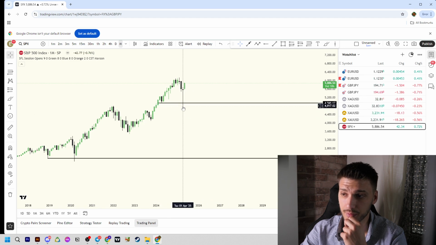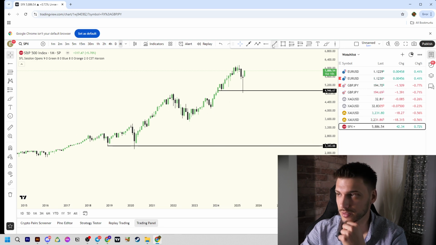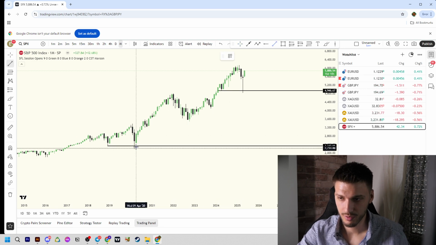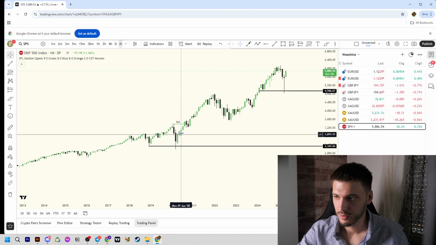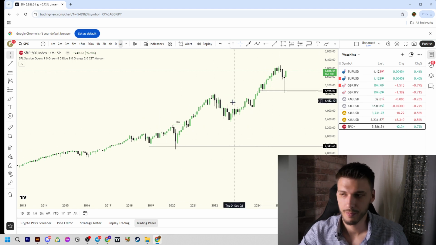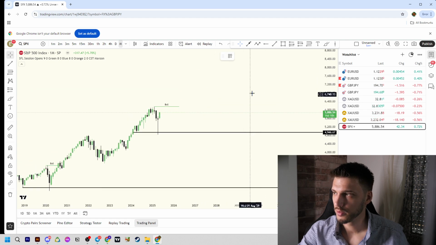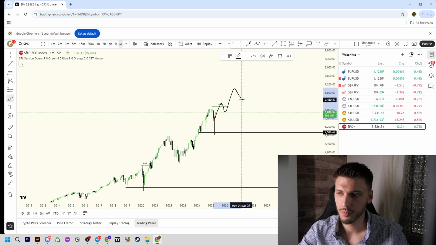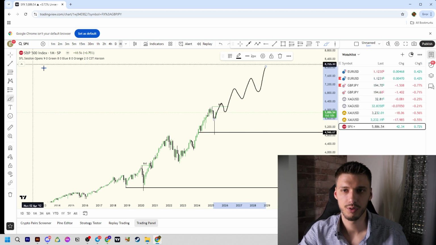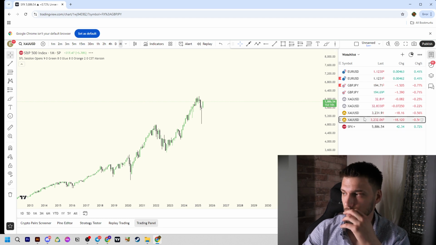It's a sweep, and then price moved higher. So this was a liquidity sweep. We have a break of structure on the upside. Price continues to move higher. We have a liquidity sweep. Now we can wait for the break of structure to occur here, and then we could be 75% sure that the market is going to still keep going up. So this happens in the bigger time frames as well.